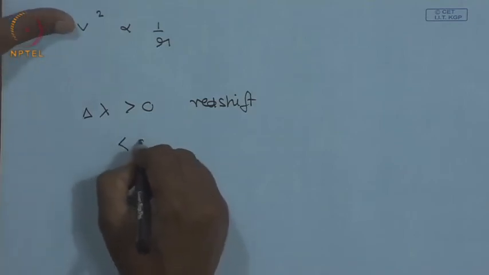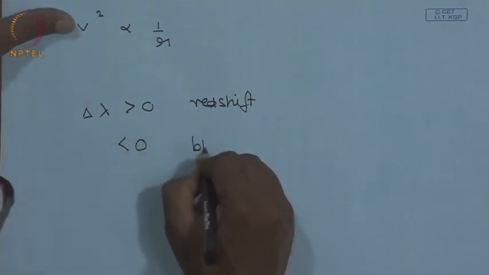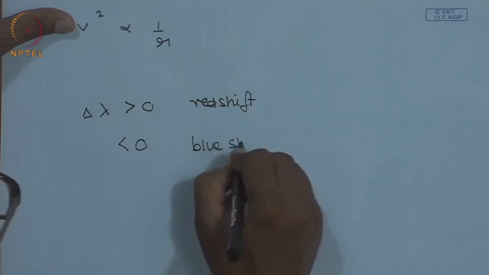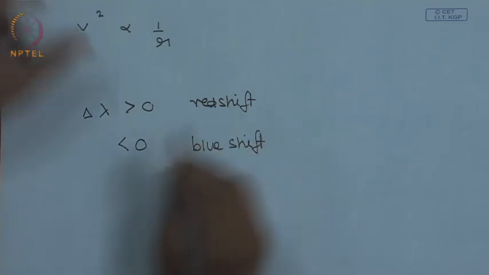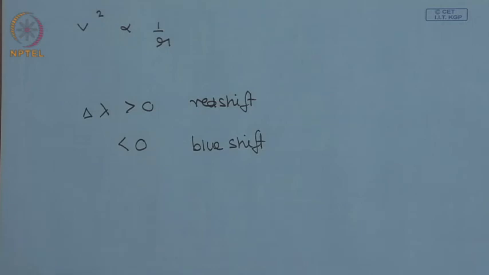If delta lambda is less than 0, you have a blue shift. This happens when the source is moving towards the observer. So, in this position A, the source has no velocity component relative to the observer's line of sight. So, the spectral line is observed where you would expect it, at the wavelength lambda. There is no shift in the wavelength.